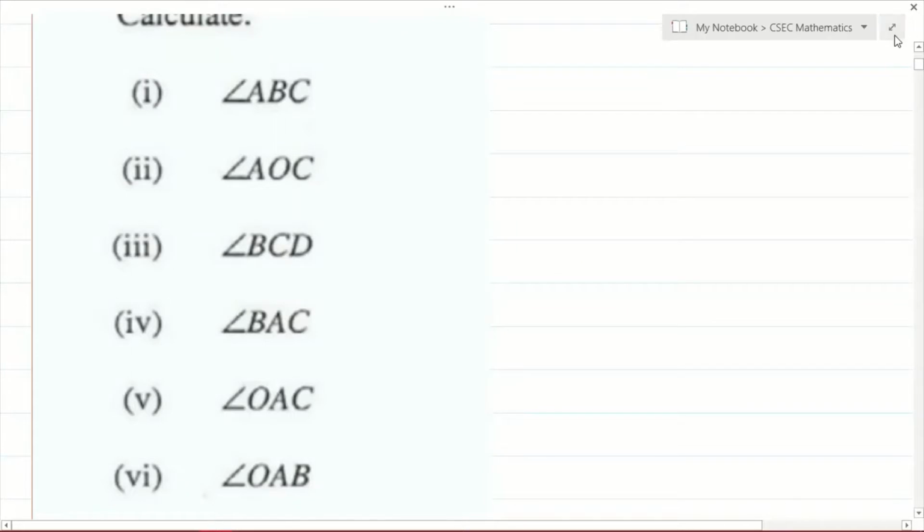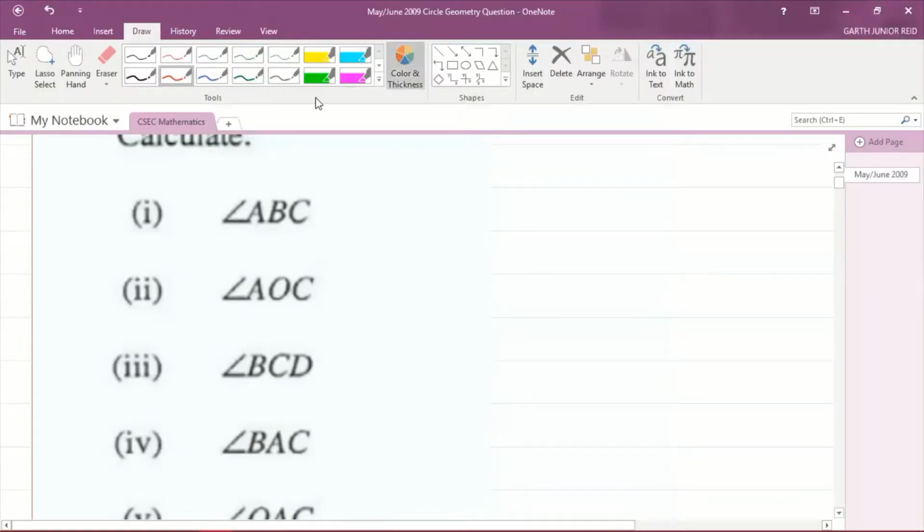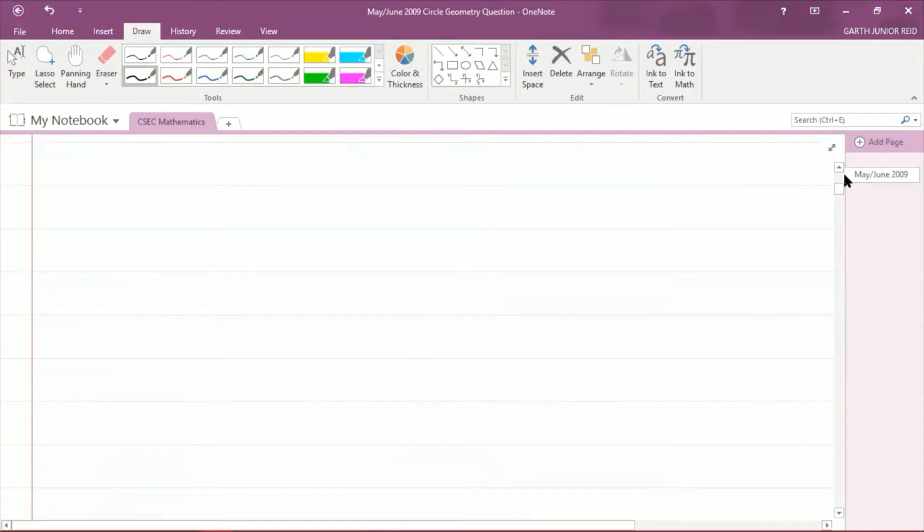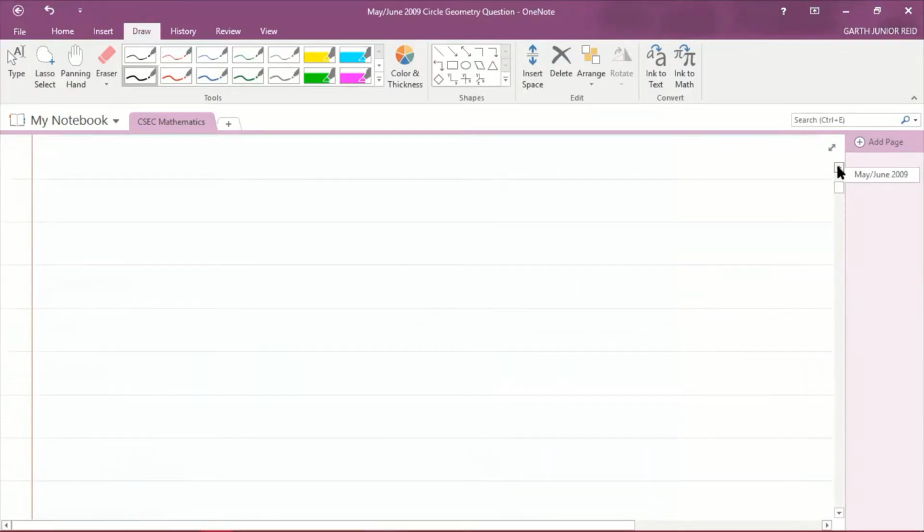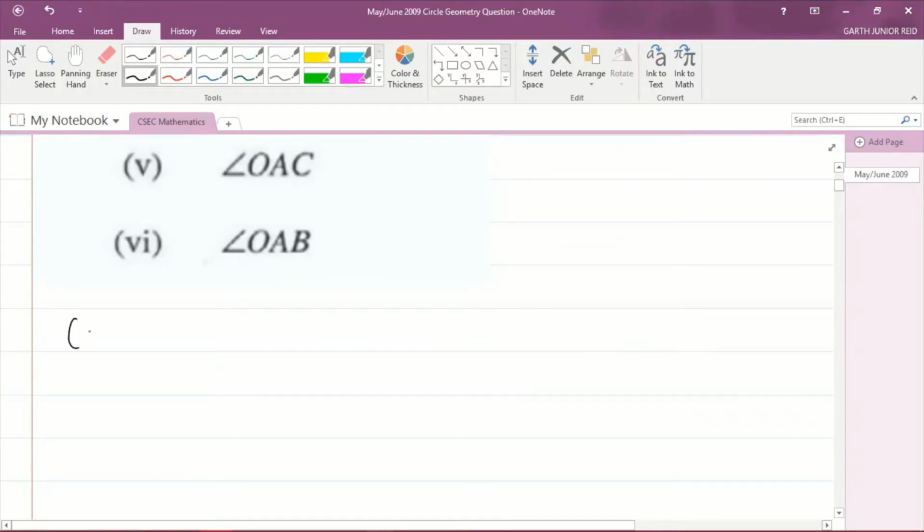So let me just write the solution down here. I'm now going to scroll down. Great. So we're going to write the first part of our solution here. This is part 1, solution.